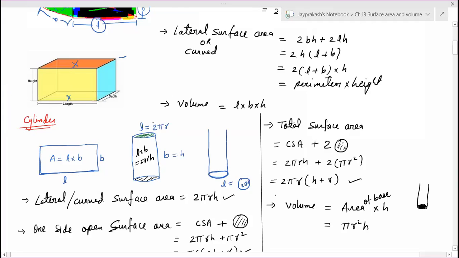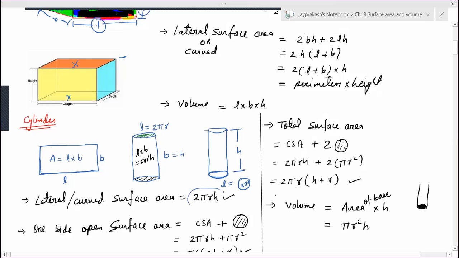So that's why I'm using here 2 pi r. And this breadth will change to height. And we all know that the area of a rectangle is L into B. So when we multiply L with B, we get the lateral or curved surface area of the cylinder. That is 2 pi r h.